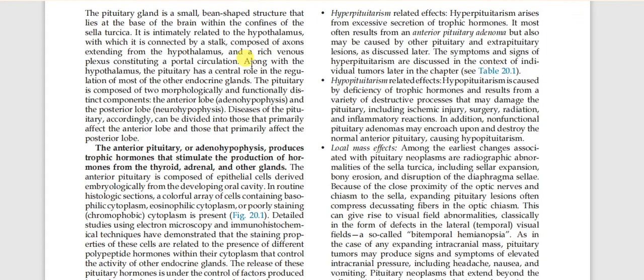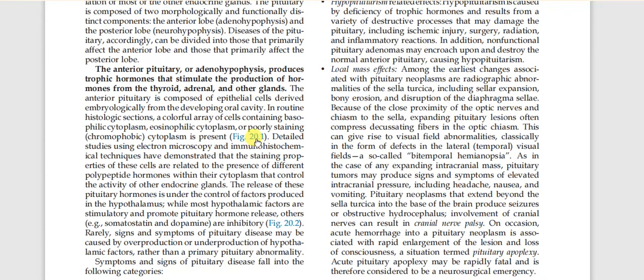The posterior portion, usually named the neurohypophysis, produces vasopressin and also oxytocin. Vasopressin's other name is antidiuretic hormone, and we will discuss this also.